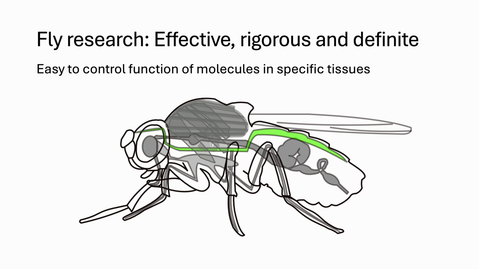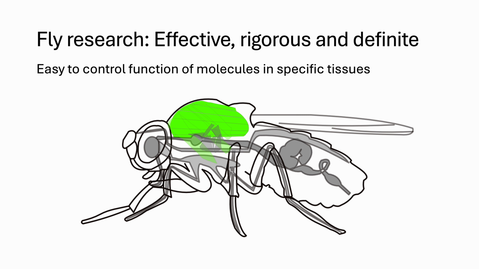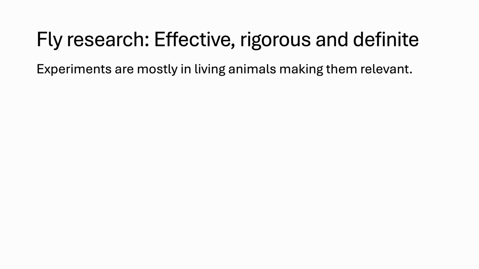You can do that if you want to target function of molecules only in the heart. You can do the similar thing if you want to affect only the flight muscles and pretty much a lot of other tissues as well. And within those tissues, you can target specific subsets. And so experiments can be performed in living animals, and that is important.